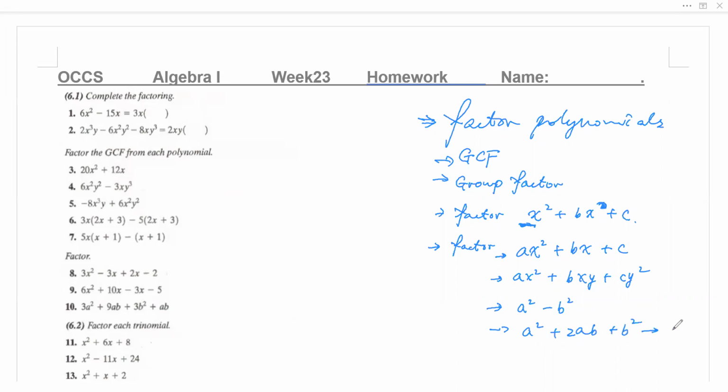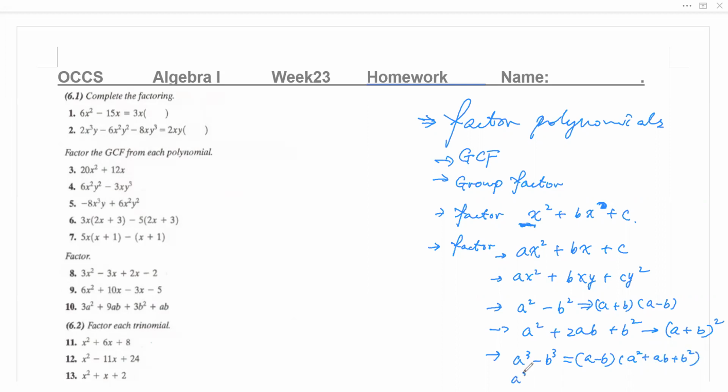And this one can be factored into (a plus b) squared, right? And this one can be factored into a plus b times a minus b, the product of them. And also we talked about some specific ones, like this, how to factor them, right? It can be factored into a minus b times a squared plus ab plus b squared.